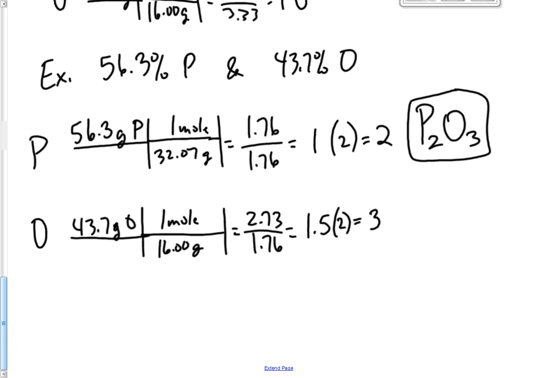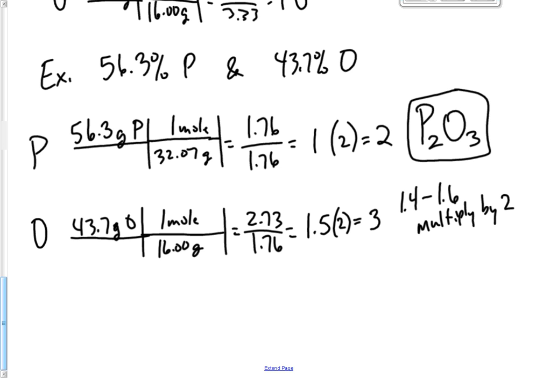So anything that's 1.4 to 1.6, you need to go ahead and multiply that by 2 to get an actual whole number for the ratio. And it doesn't have to be 1.4, it could be 2.4, 2.5.